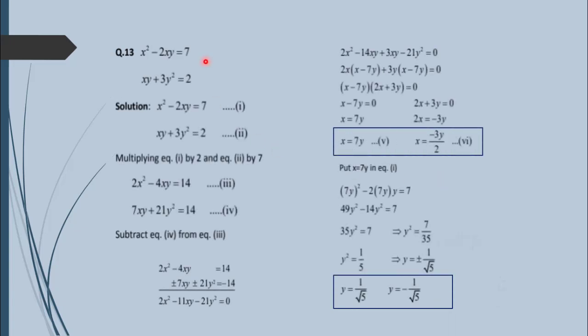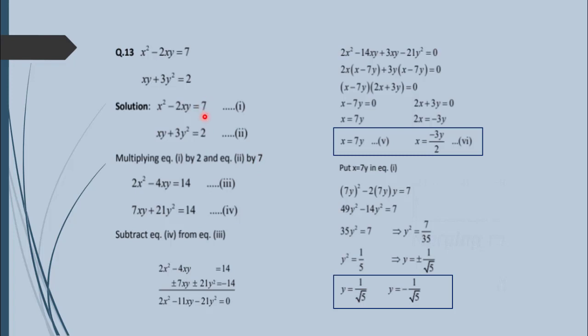Now for question number 13, we are given two equations, x square minus 2xy is equal to 7 and xy plus 3y square is equal to 2. First of all, we call them equation 1 and 2. Multiplying equation 1 by 2 and equation 2 by 7.